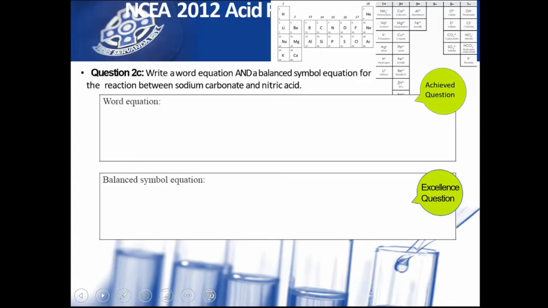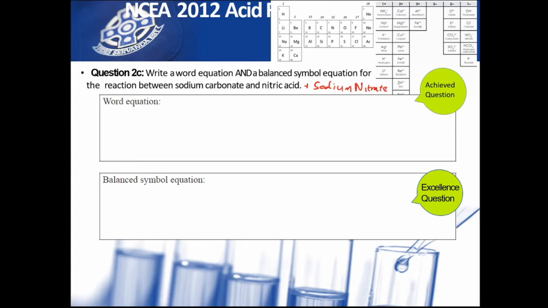Then another achieved point, they asked us to write down the word equation for sodium carbonate plus nitric acid, but they told us that it's going to form sodium nitrate salts. Okay, so we have that already.